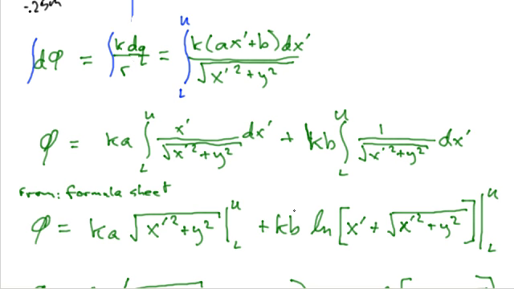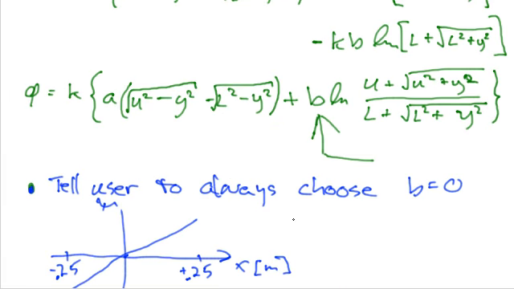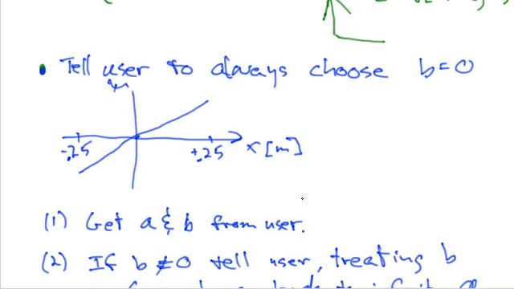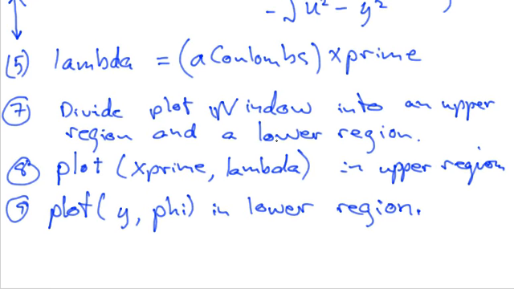Alright, then the other thing is we got to plug in values. So suppose they put in a is equal to 2, so just make up a test case. A equals 2.